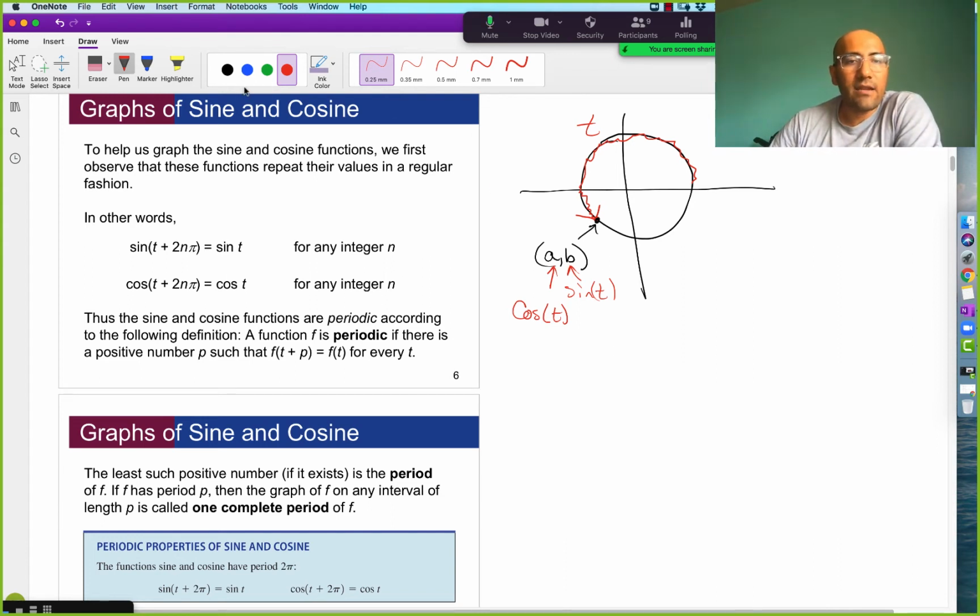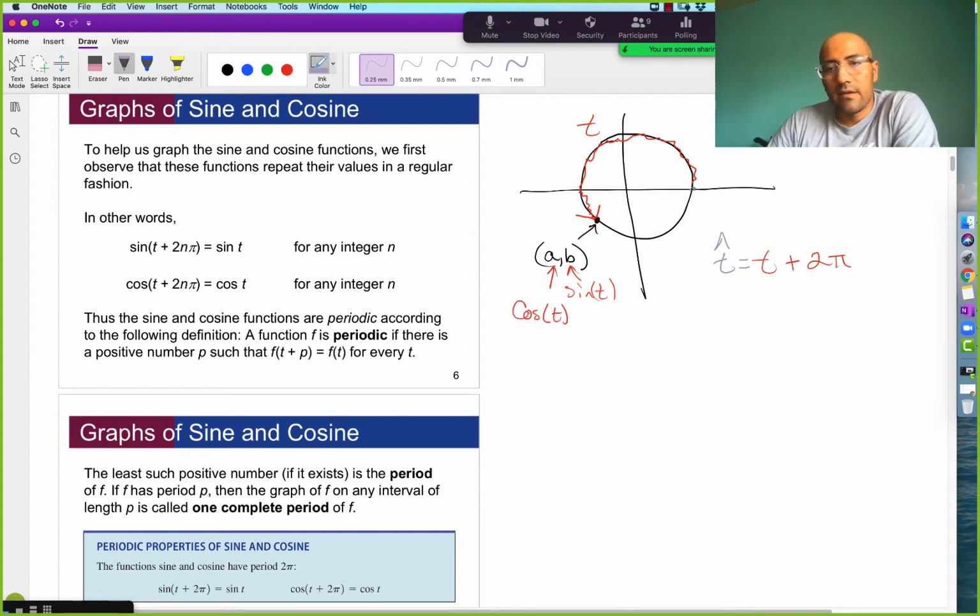But then if we add another lap to this, another multiple of 2 pi, so we get this t value, t, and we add to it 2 pi, whatever t is, plus another 2 pi, let's say we call that t hat.